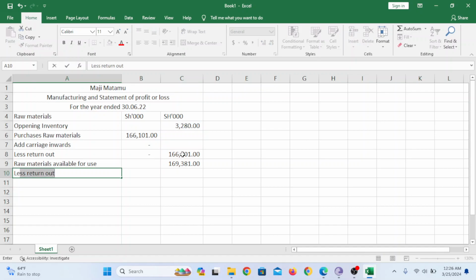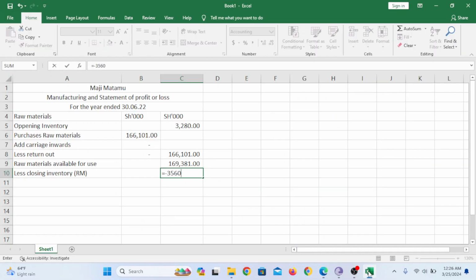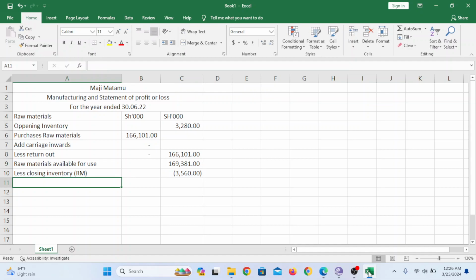And then we need to less the closing inventory of raw material, which was given in note number 1, that is 3560. So this will give us what you call raw materials consumed.